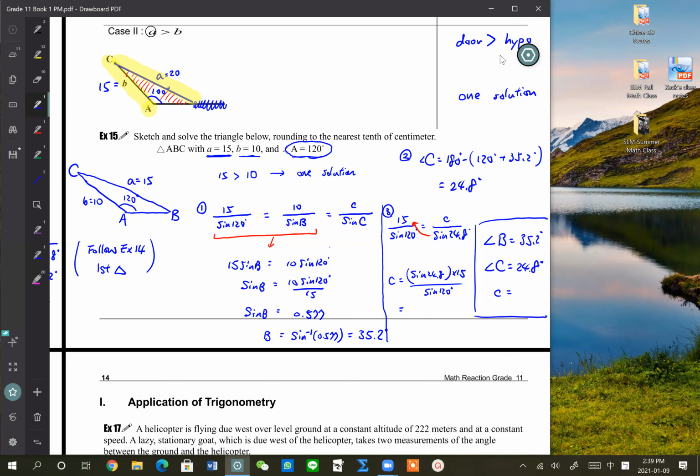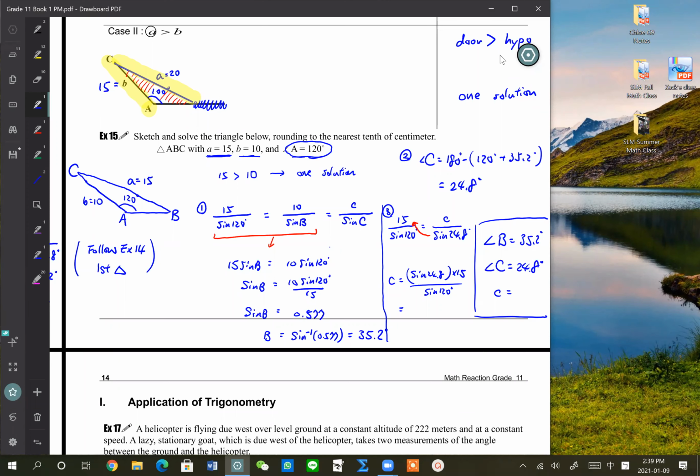Okay, make sure you're in degree mode. Do you see DEG at the top? Yes. Okay, and then you type sine 24.8 and an equal, right? Make sure you get the number first. Times 15, and then divide by sine 120.